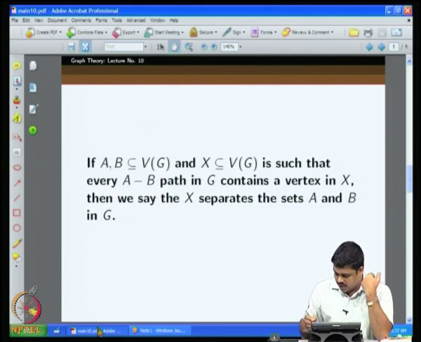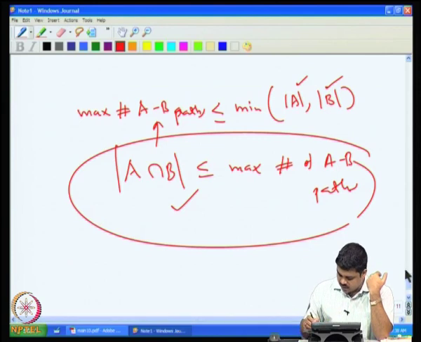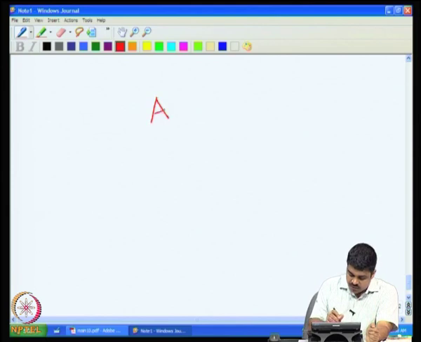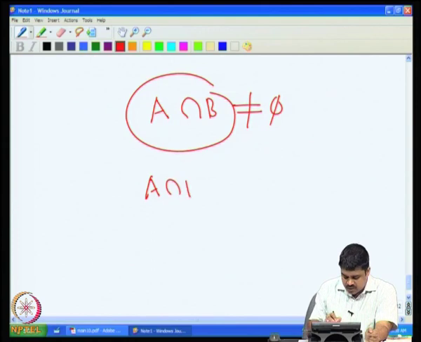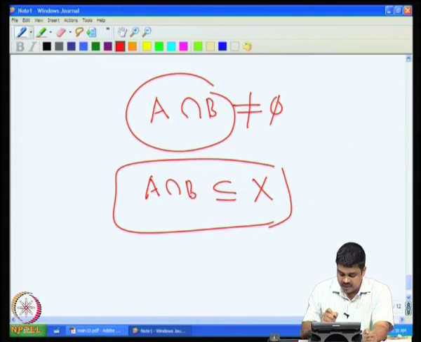So here again you can see that, like earlier, because we don't have any condition that A and B have to be separate, we can have A intersection B not equal to phi, right? In that case, this A intersection B has to be a subset of X if X separates A from B, because if any vertex in A intersection B remains in the graph, then there is an AB path, namely the trivial single vertex path.